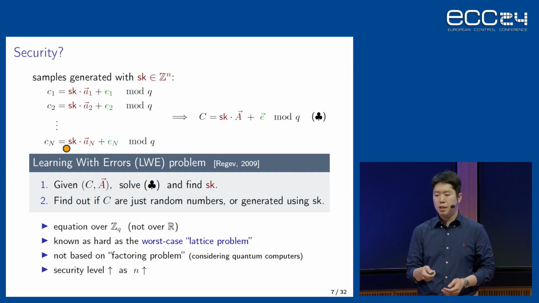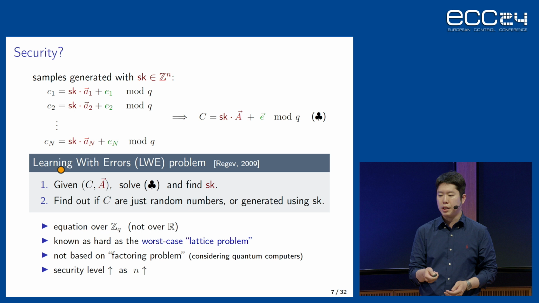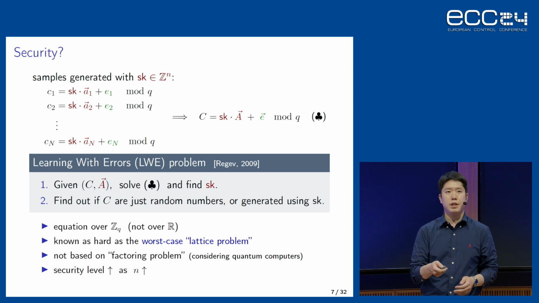So given a bunch of encrypted numbers, which are encrypted with the same secret key, the problem is to solve this system of linear equations over the space Z sub q, and then learn the information of the unknown variable, the secret key.